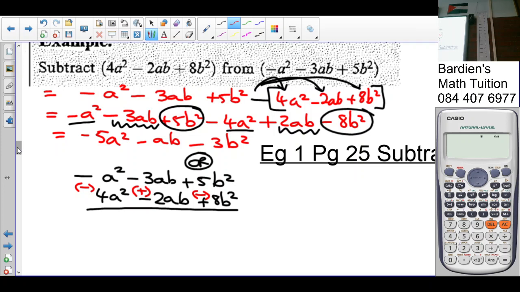So make a note there. When subtracting in the vertical method, always change the signs on the line to the opposite sign.